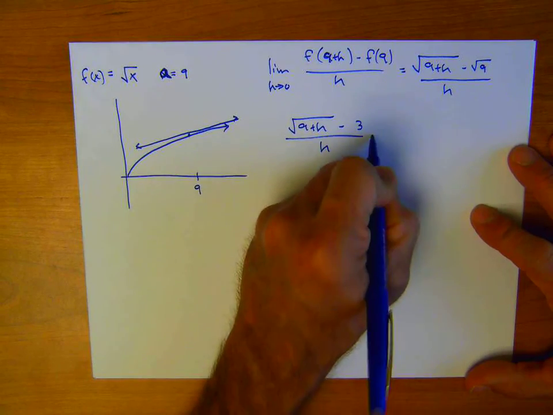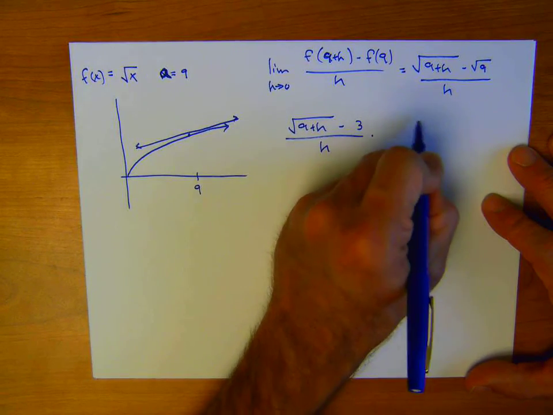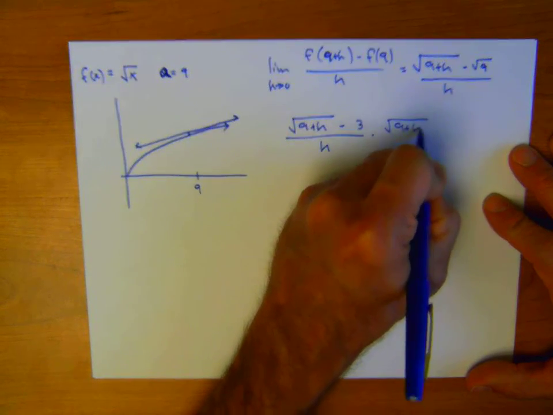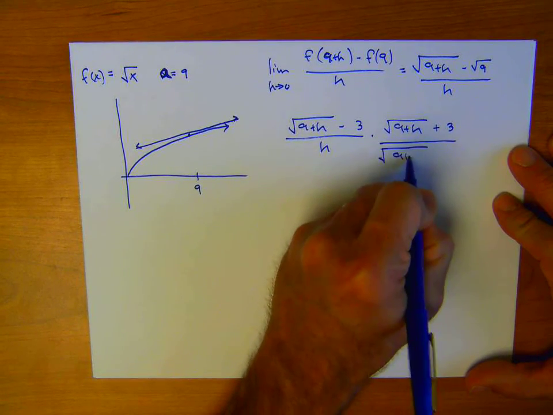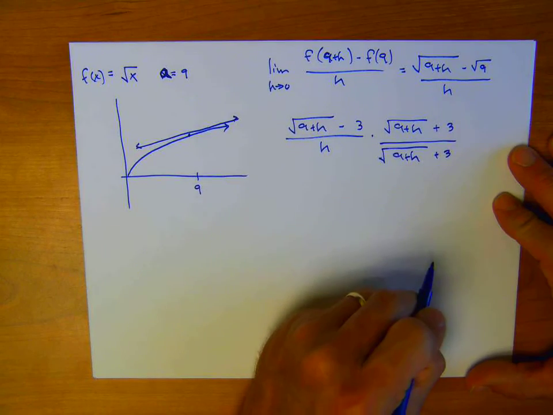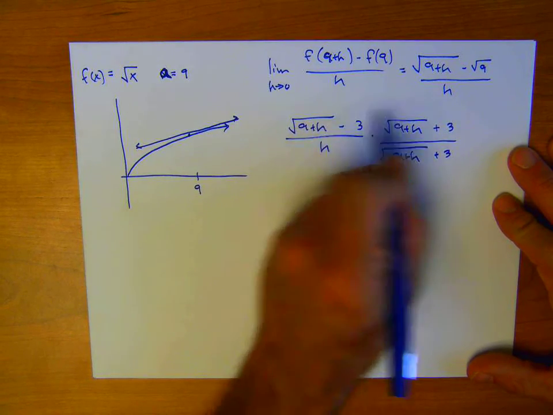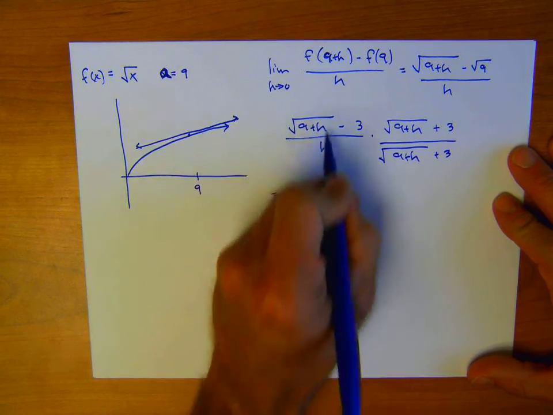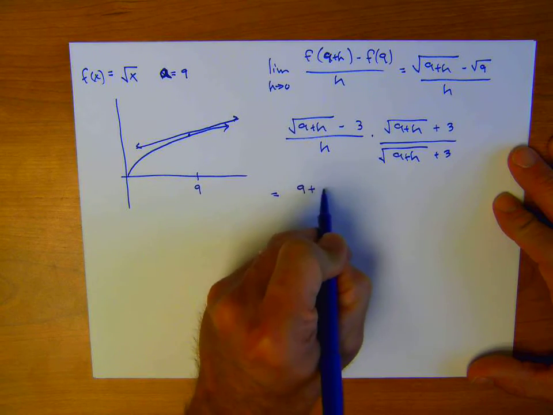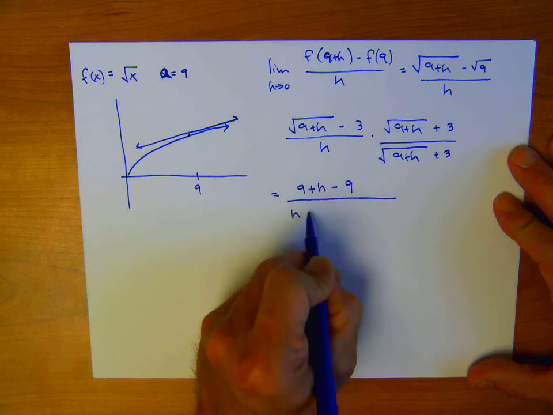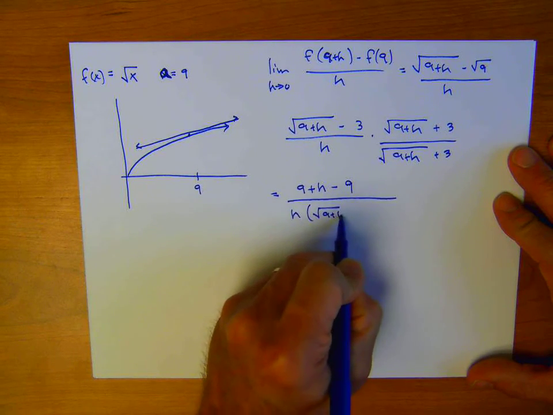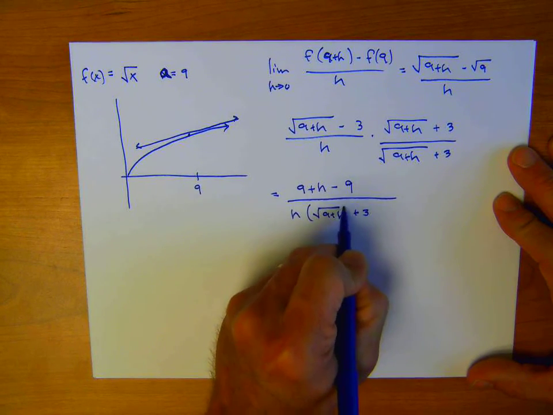And here, we're going to multiply by the conjugate. So we have the square root of 9 plus h plus 3 over the square root of 9 plus h plus 3. When we expand this out, we get 9 plus h minus 9 over h times the square root of 9 plus h plus 3.